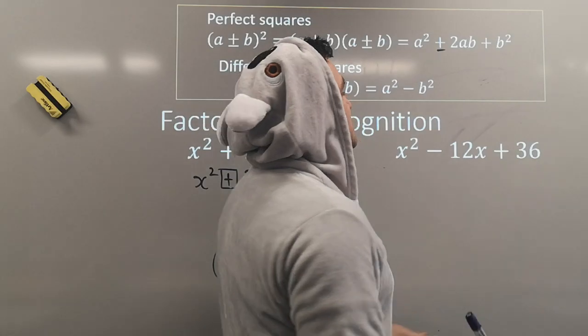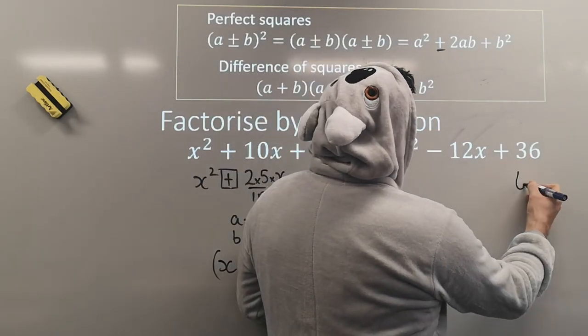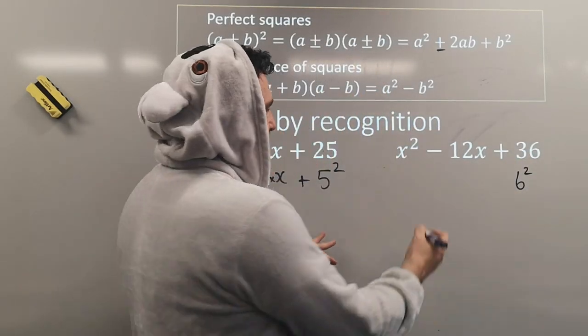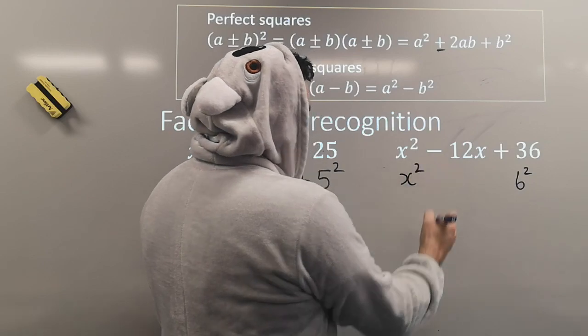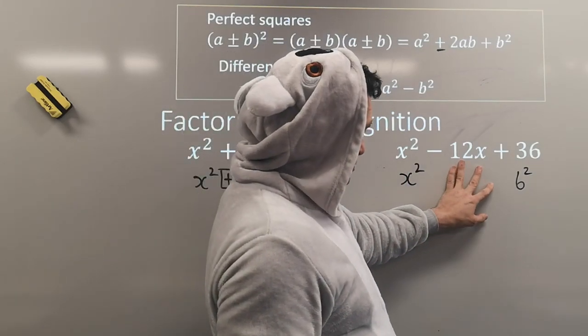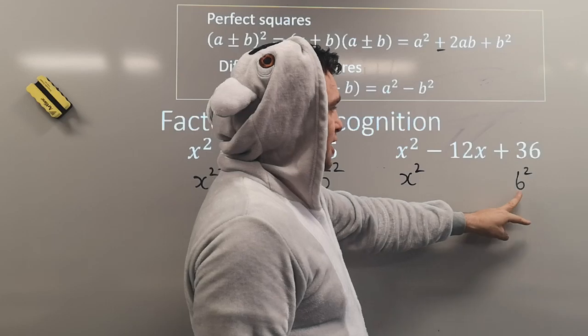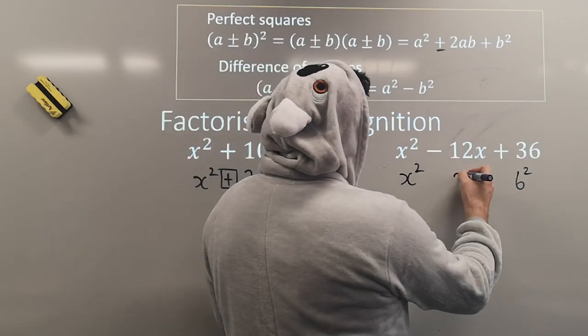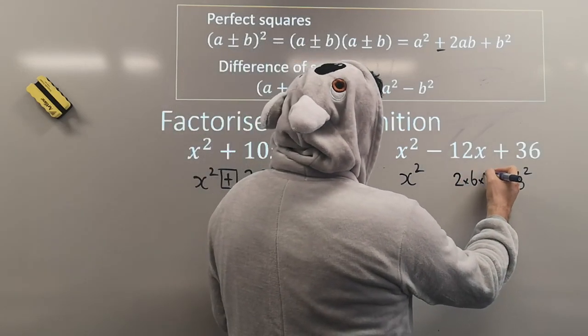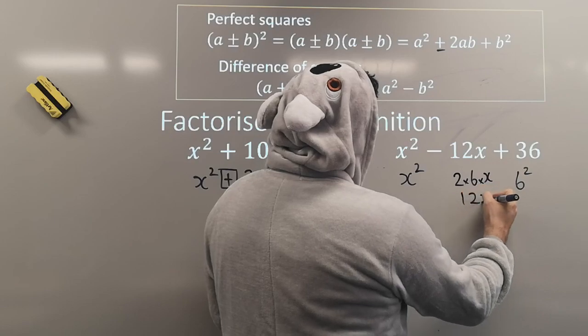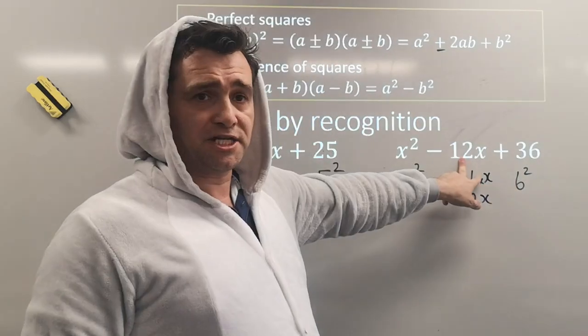What about with our second example? Once again, we have a square number on the end. 36 is 6 squared. Our first term, x, is squared. So this number would have to be 2 times 6 times x, 12x, which is matching.